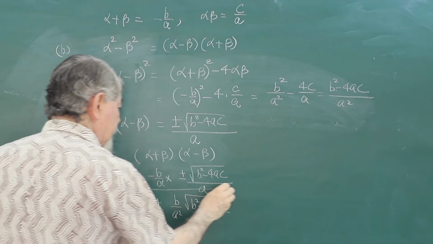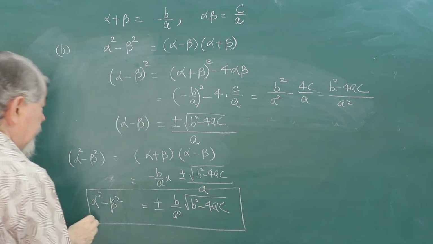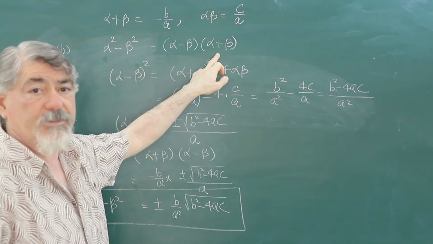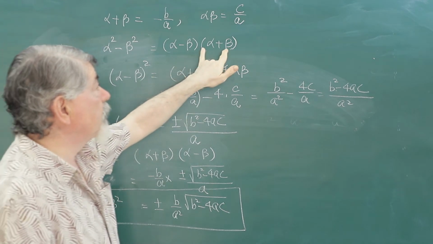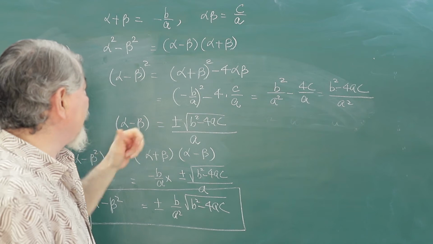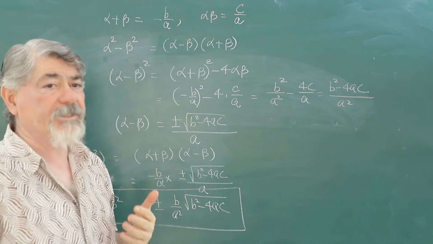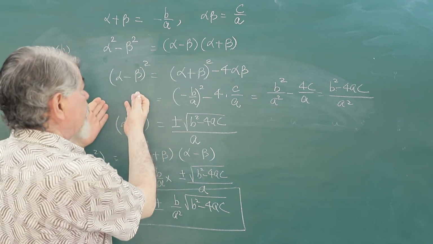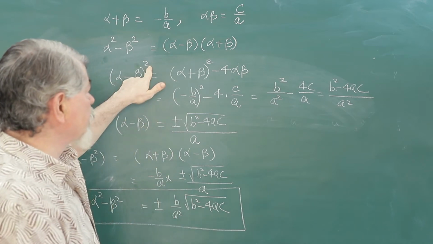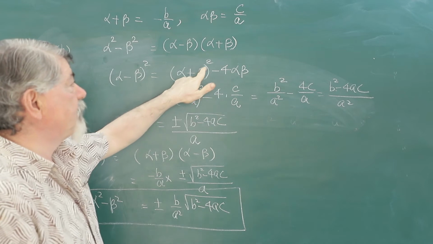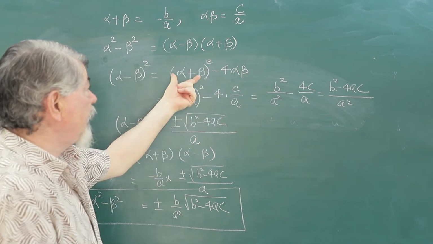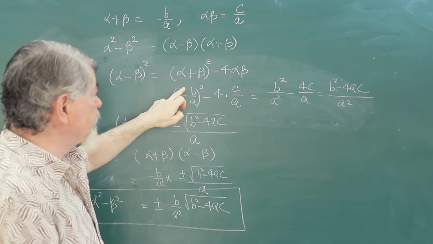So this is the value of alpha square minus beta square. Again we are using the basic algebra that alpha square minus beta square is alpha minus beta into alpha plus beta. I already know the value of alpha plus beta as minus b upon a. For calculating the value of alpha minus beta, there is a relation between alpha minus beta and alpha plus beta. Alpha minus beta whole square is equal to alpha plus beta whole square minus 4 alpha beta. Alpha plus beta is minus b upon a.